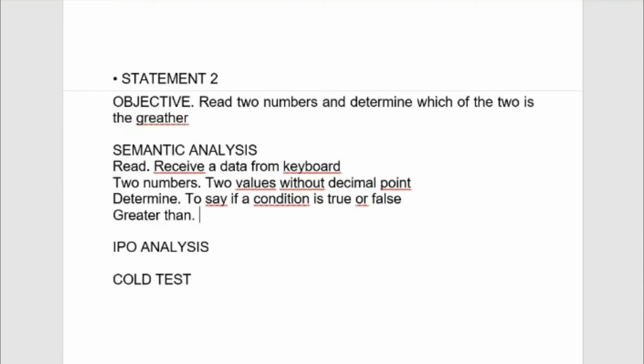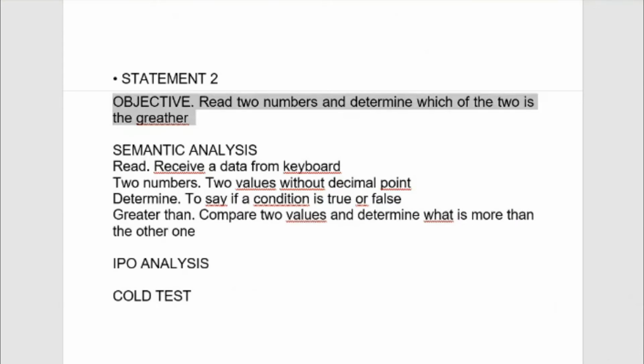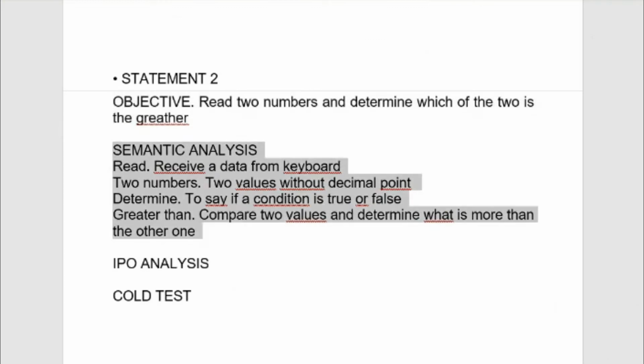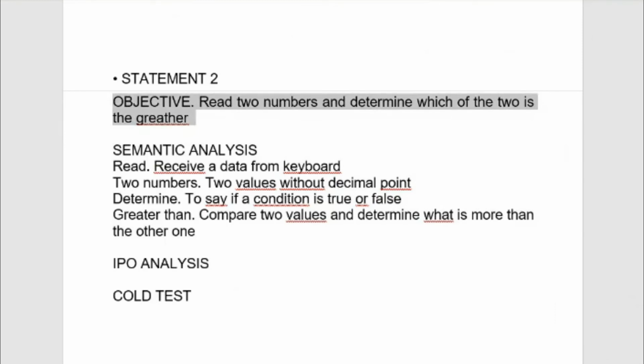Greater than is to compare two values and determine which is more than the other one. Do you understand this objective? The answer is very easy. Did you understand the semantic analysis? If you say, yes, I understand the semantic analysis very easily, then you can say, so I understand the objective very well. So what is the IPO analysis?